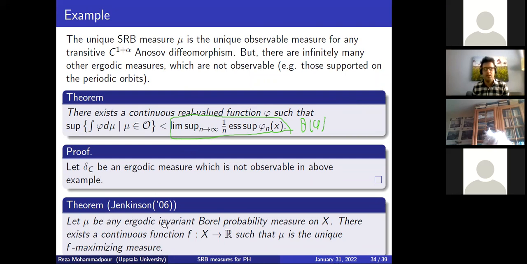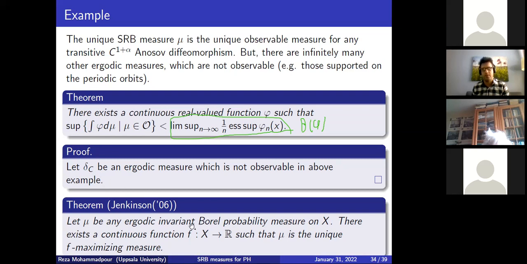Then we have this result by Jenkinson. Jenkinson said, let mu be any ergodic invariant Borel probability measure on X. Then there exists a continuous function f such that mu is the unique f-maximizing measure. So the proof follows from Jenkinson's result.